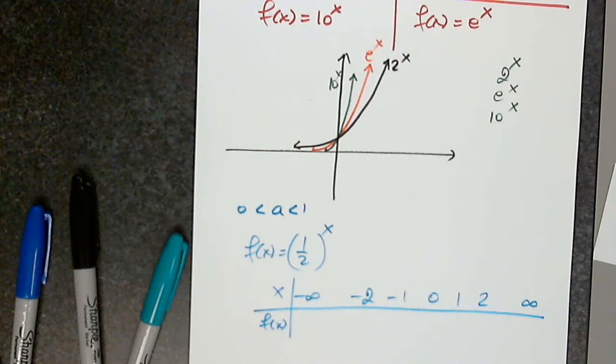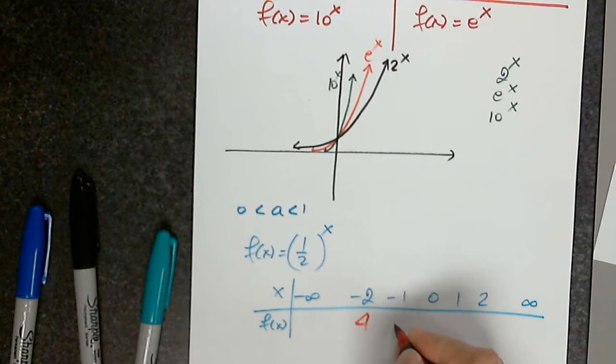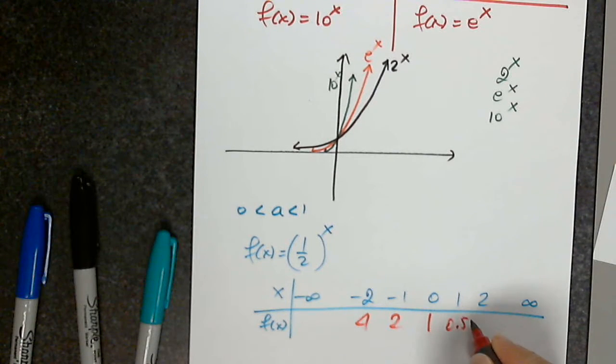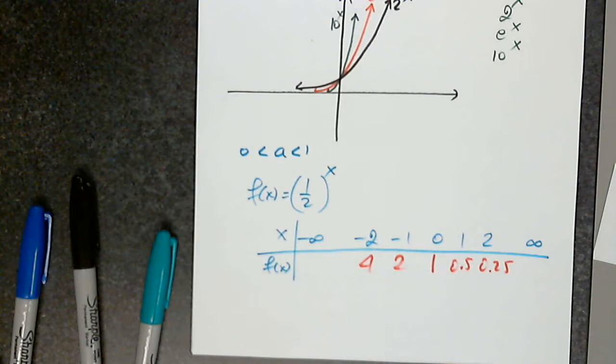So now I go to second and table, and I already punched in all these numbers. I had them before, -2, -1, 0, 1, 2, and 3. I'm going to copy the answers in my chart. 4, 2, 1, 0.5, 0.25, and that's all I need. So let's graph.